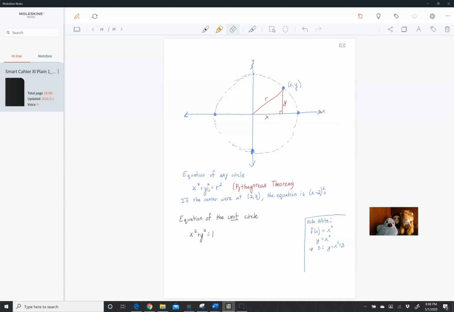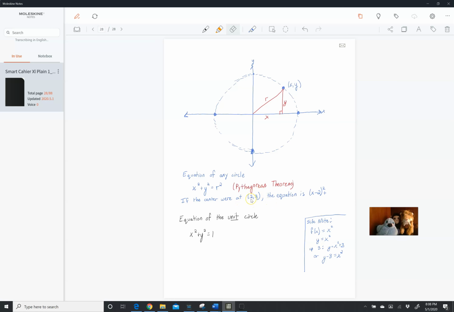On the other side of the equation, we could move it to the other side and make it y minus 3 equals x squared. So notice what's happening here. Yes, we're adding 3 to the whole function when we go up. But what's happening to this y value when we're on the other side of the function? We actually subtract. So when we talk about circles, we do the opposite for both of them.